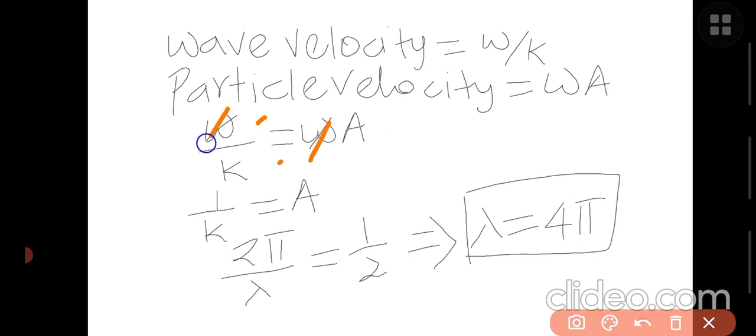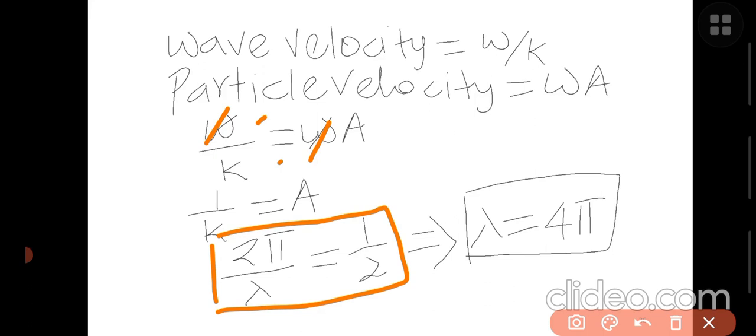Cancel out the omega on the LHS as well as the RHS. We get 1 by k is equal to a. Now another formula, 2 pi by lambda is equal to 1 by k. So substituting the value of k in this formula, we get lambda is equal to 4 pi.